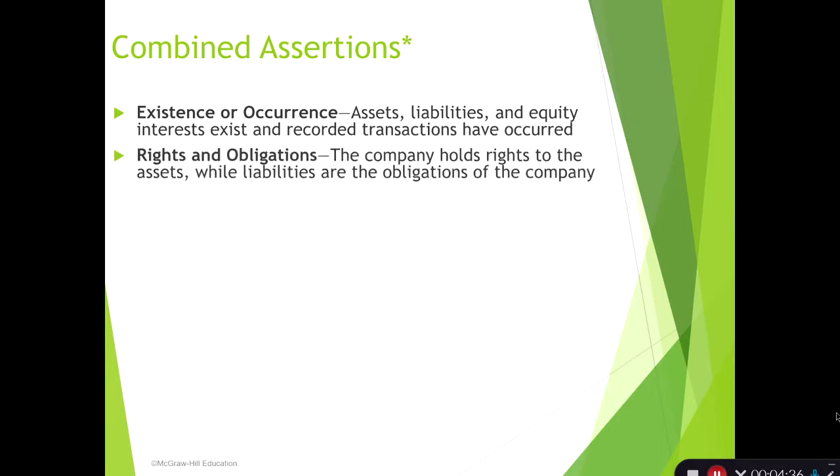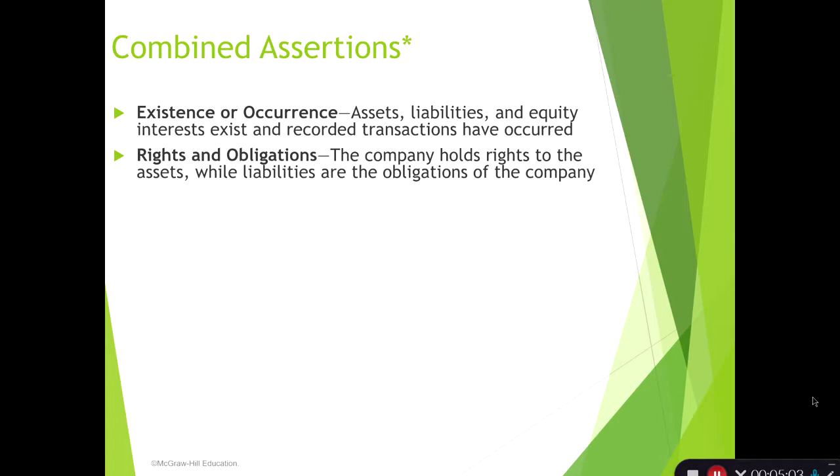The next assertion is rights and obligations. So the company holds rights to these assets, to the assets they're claiming. So if they're listing fixed assets with a building for a certain amount, then okay, do they actually own the rights to that building? And then on the flip side, liabilities that are listed are actually obligations, right, of the company.